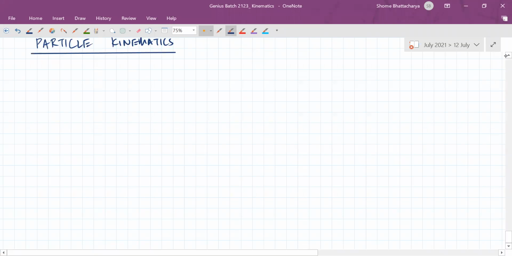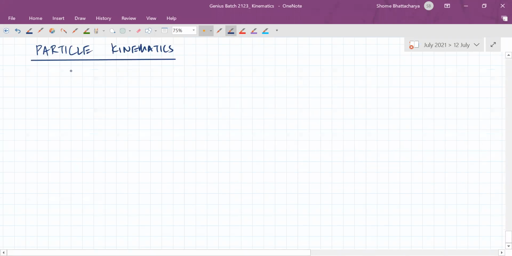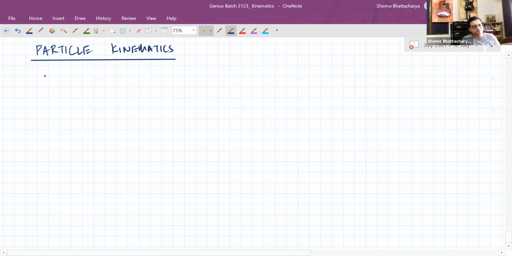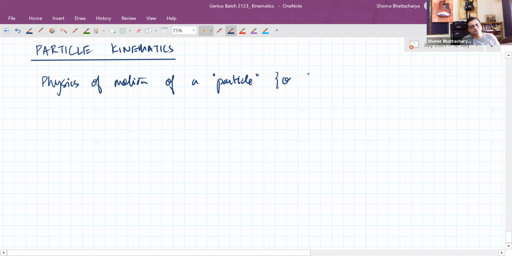So in particle kinematics, we are studying the physics of motion of a particle or a rigid body in pure translation. So it can be treated like a particle.